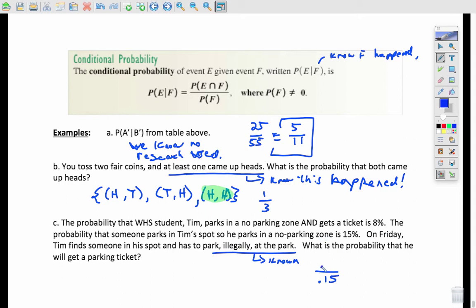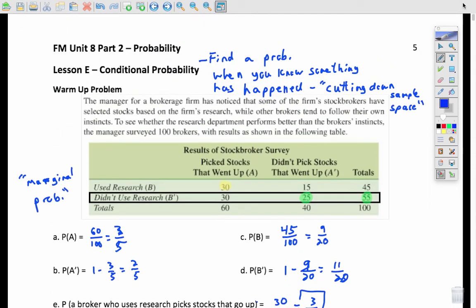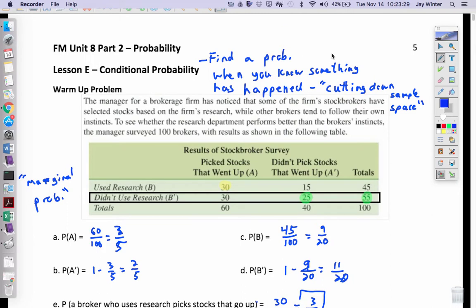The probability that he gets in a no parking zone and gets a ticket is 8%, and that's what goes in my numerator. So really it's just going to be 8 out of 15 if you do away with the decimal points. So the probability that he gets a ticket, knowing the fact that he's illegally parked, is going to be slightly more than half. I don't know how lucky the guy is as a result, but there you go.